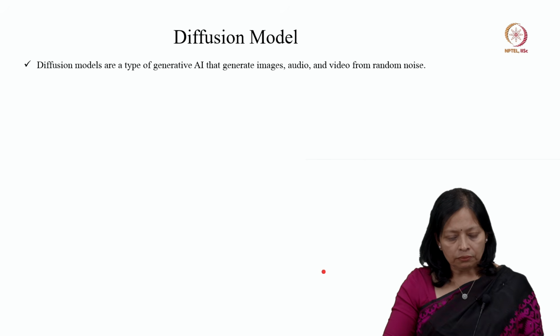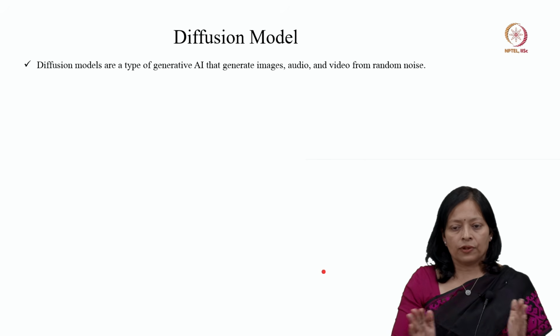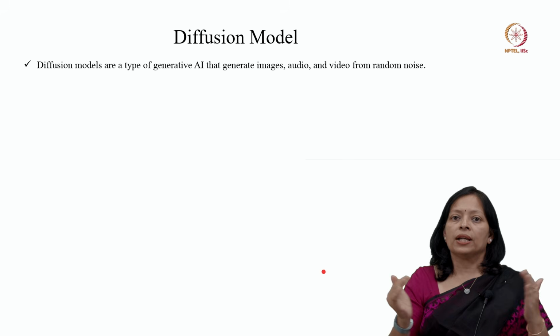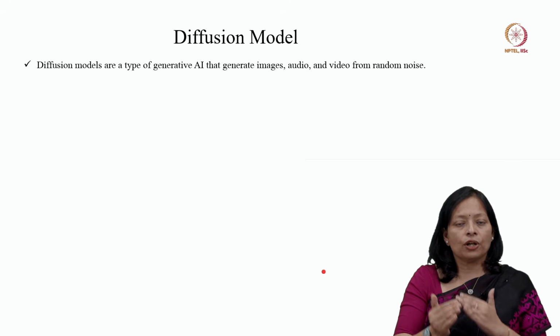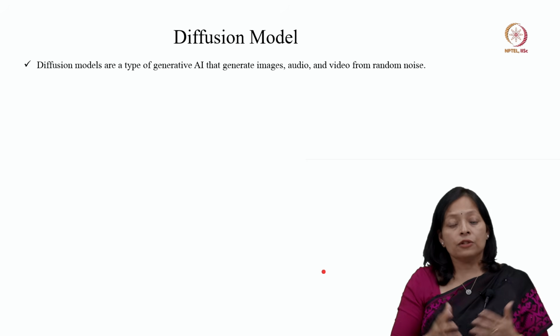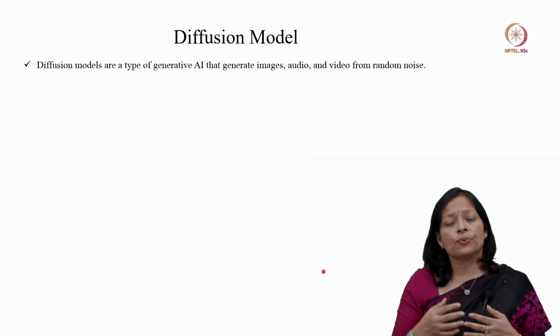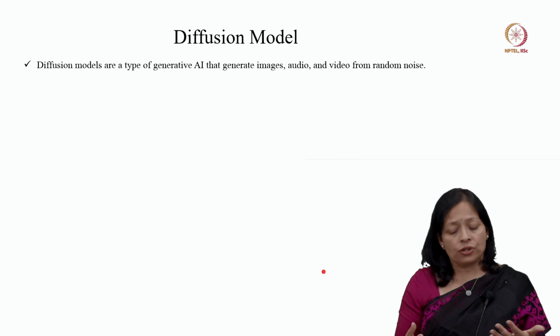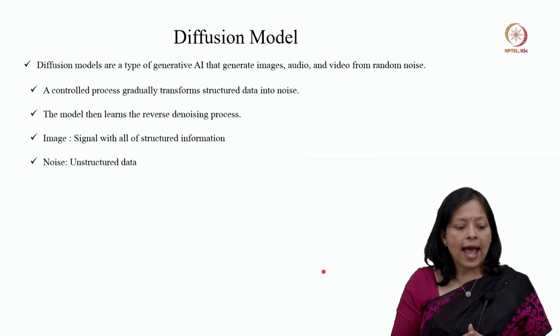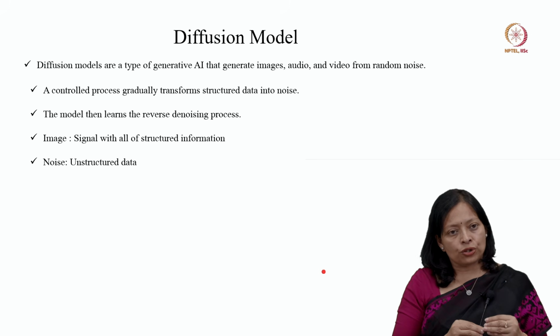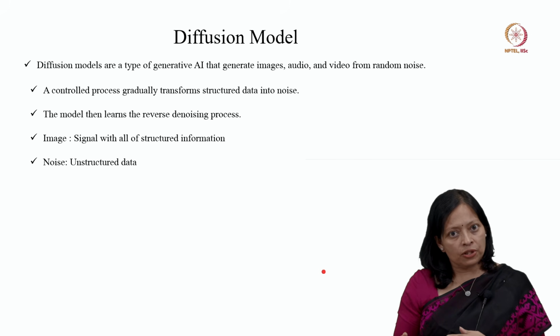Now, with whatever we have learned till now, we will have a look at how we can bring it together in some points for diffusion models. Diffusion models are basically generative AI models which are used for generating images, audio, video from noise, and they have a controlled process of adding noise to the image.